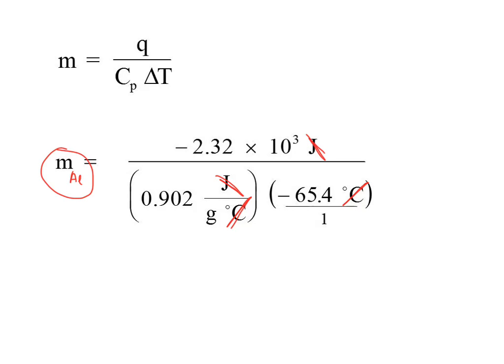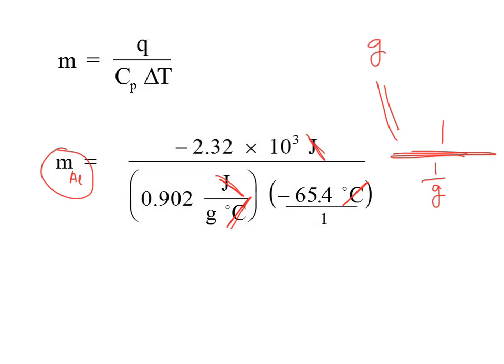Now this happens sometimes. Notice that we basically have grams in the denominator of the denominator. Now you're going to have to find a mathematician to explain this, but bottom line, if it's in the denominator of the denominator, to resolve it, it actually is in the numerator. So that is units of grams, because you're just taking the reciprocal.